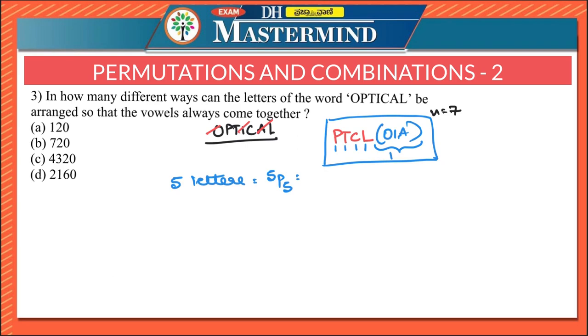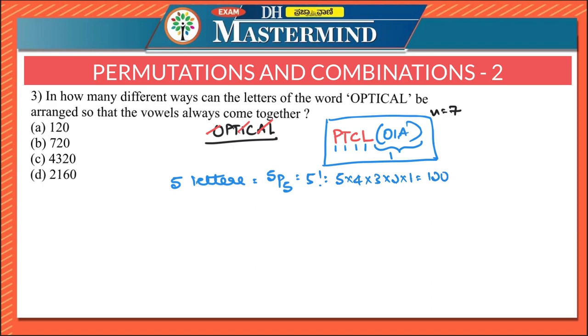We know nPn is n factorial, so 5P5 equals 5 factorial, which is 5 into 4 into 3 into 2 into 1, which is 120.